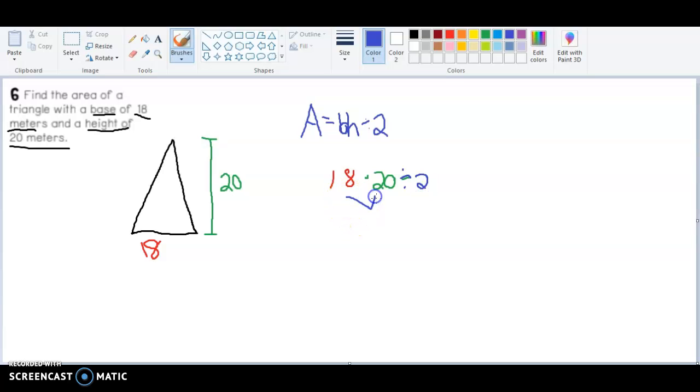Okay? 18 times 20, 360, divided by 2, 180. Need a label. So meters squared. Okay, it's squared because it's area.